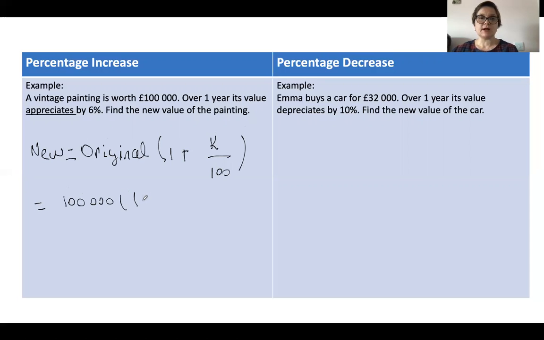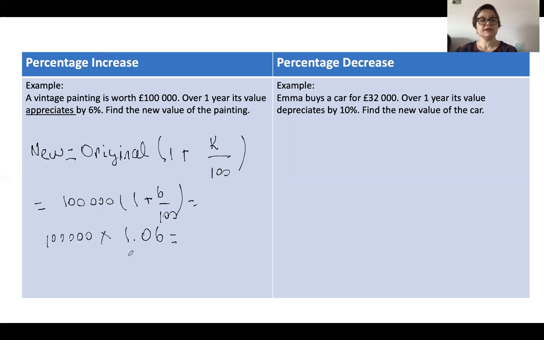So we have new value equals the original, 100,000, in brackets 1 plus 6%. So equals 100,000 times 1 plus 6%. Now, 6 divided by 100 is 0.06, so times 1.06.